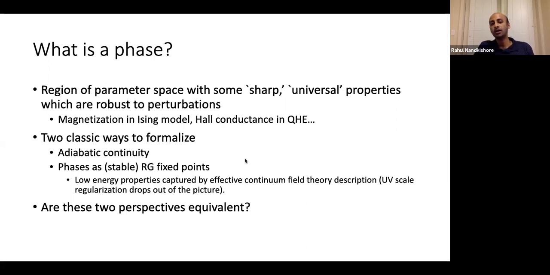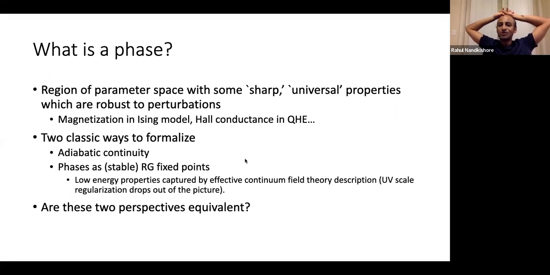There are two classic ways to formalize it. One is by the notion of adiabatic continuity. Now you have a solvable Hamiltonian which has some property, and then you argue that you can perturb about this Hamiltonian and this property survives. You have some sort of adiabatic continuity to the solvable Hamiltonian. The other way is to think of phases as stable RG fixed points.